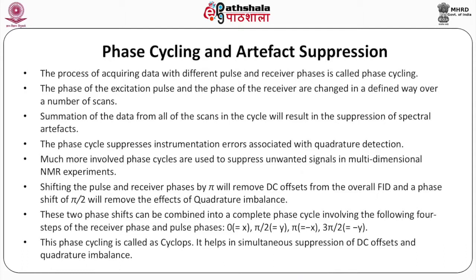These two phase shifts can be combined into a complete phase cycle involving the following 4 steps of the receiver phase and pulse phases. 0 is equal to x, pi by 2 is equal to y, pi is equal to minus x, and 3 pi by 2 is equal to minus y. This phase cycling is called CYCLOPS. It helps in simultaneous suppression of DC offsets and quadrature imbalance.